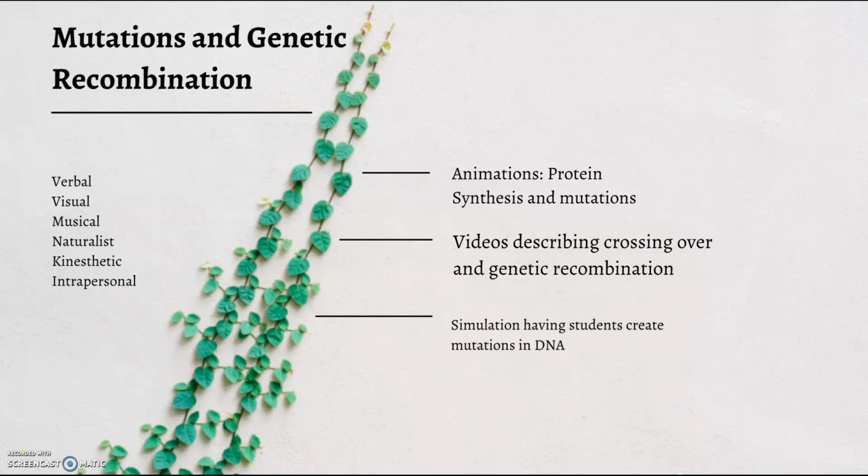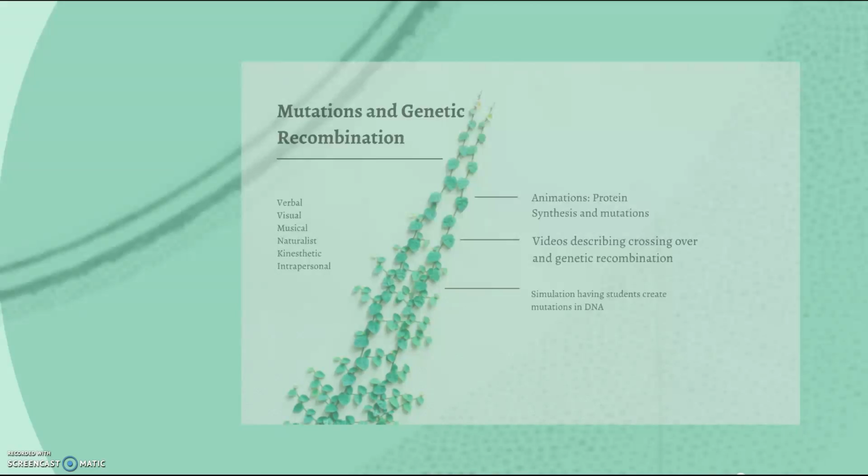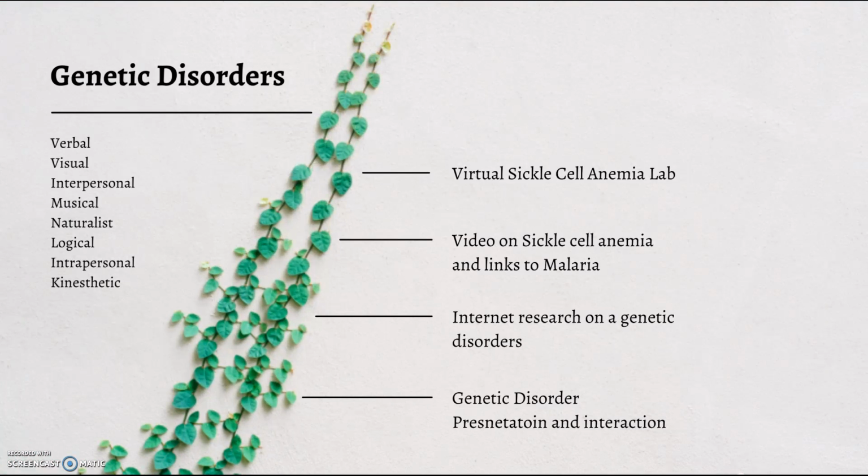After students have an idea of what mutations are, they will learn about a specific mutation in a genetic disorder called sickle cell anemia. Students will watch a video on sickle cell anemia and discuss how sickle cell anemia and malaria kind of help each other. And then students will complete an online sickle cell anemia lab.